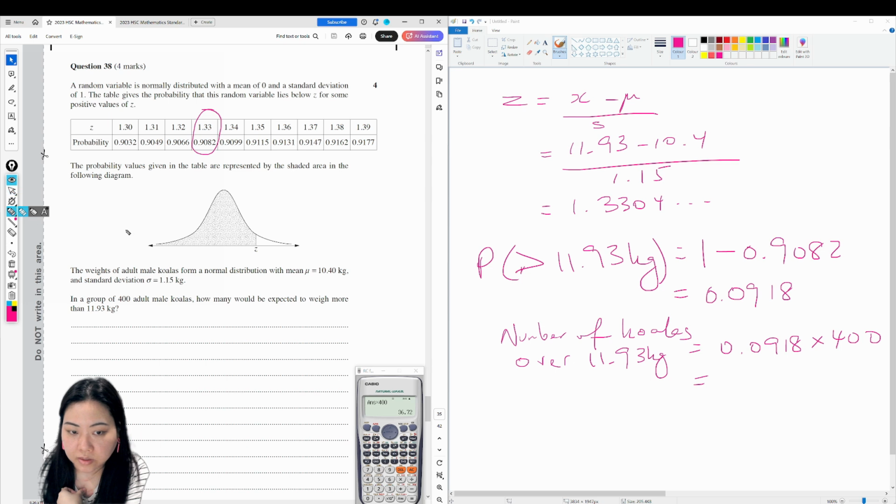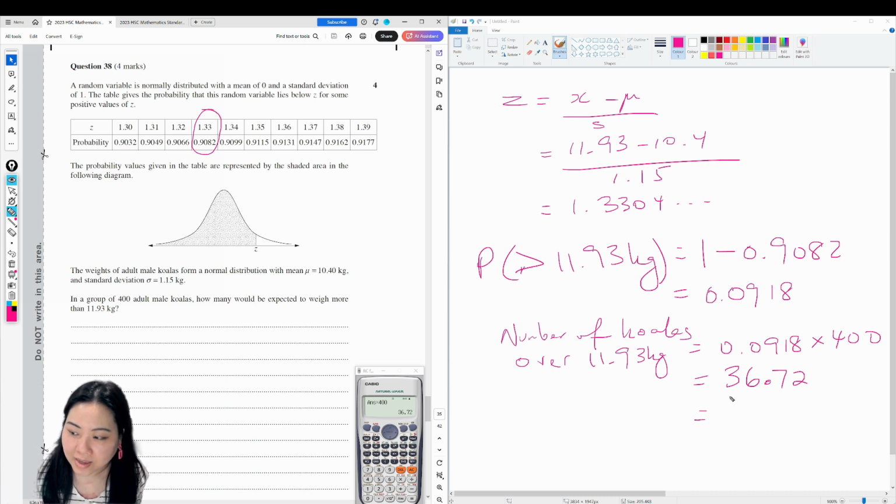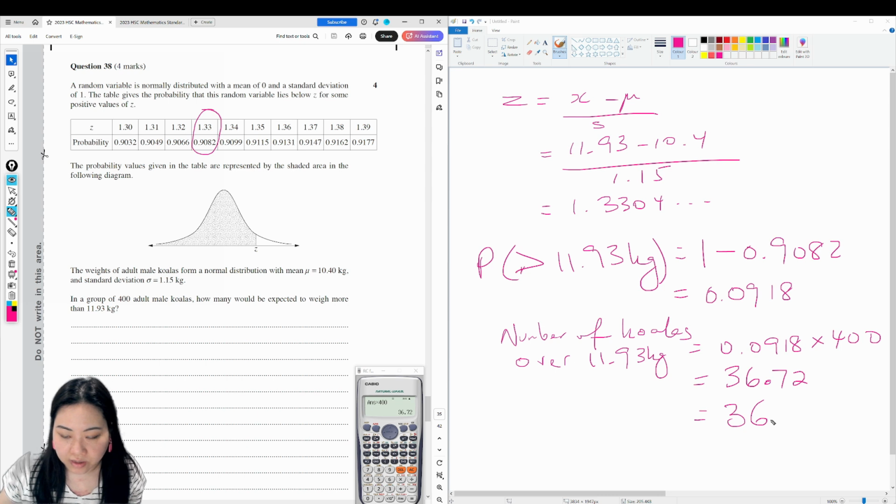We're expecting to see 36.72 koalas, but we wouldn't put the 0.72 because we don't want to see 0.72 of a koala. We want to see whole koalas. And I'm going to say 36 because it's not quite reaching 37. So we're expecting to see 36 koalas over 11.93 kilograms.